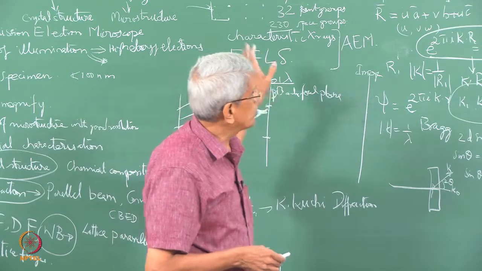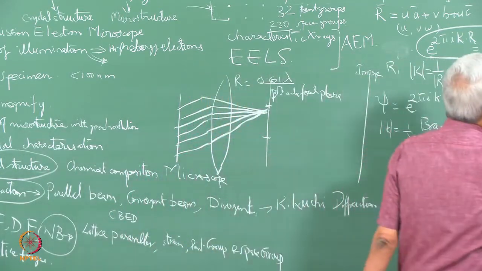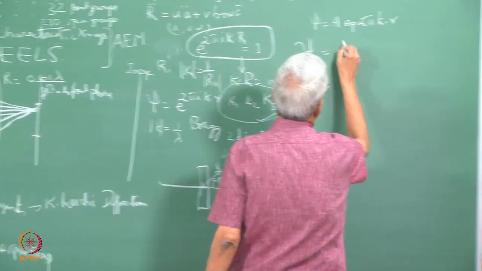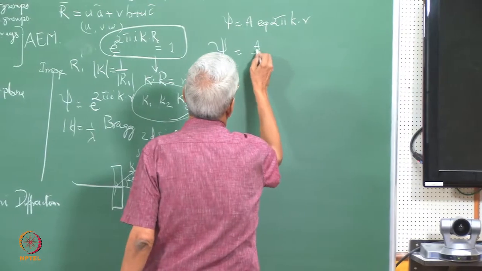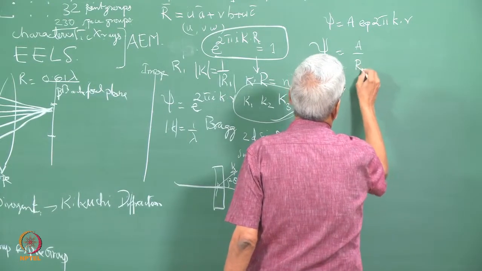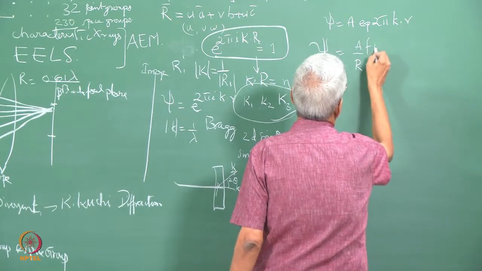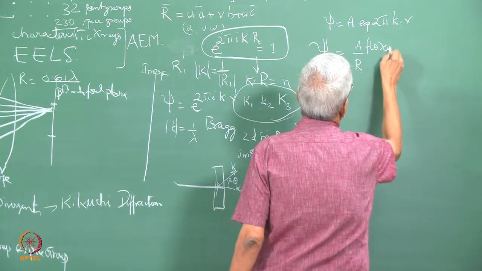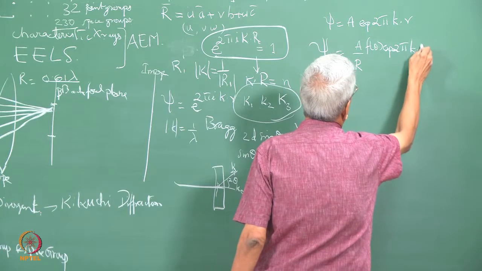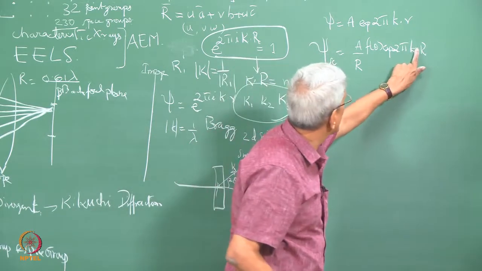When we want to find out the amplitude of the wave in the different directions, then we write that this scattered amplitude will be equal to A by r at some particular distance, times f of theta, times exponential kr. This is how we write it.